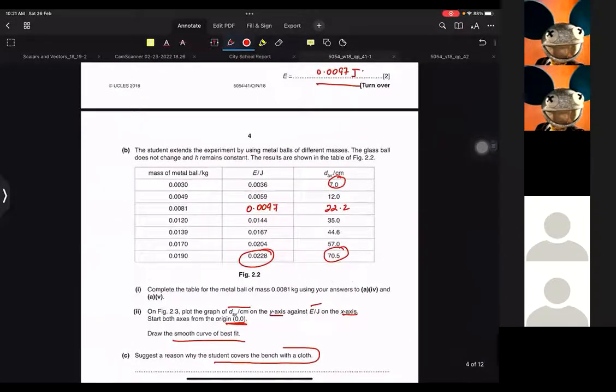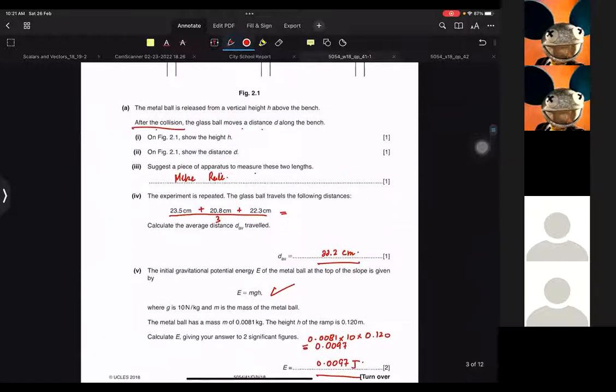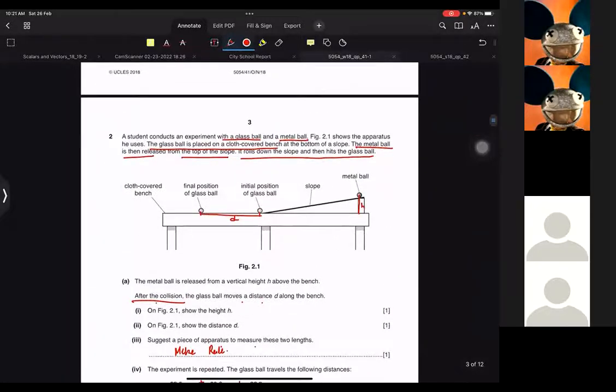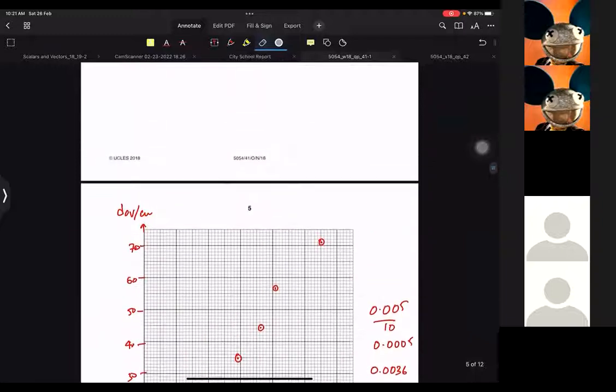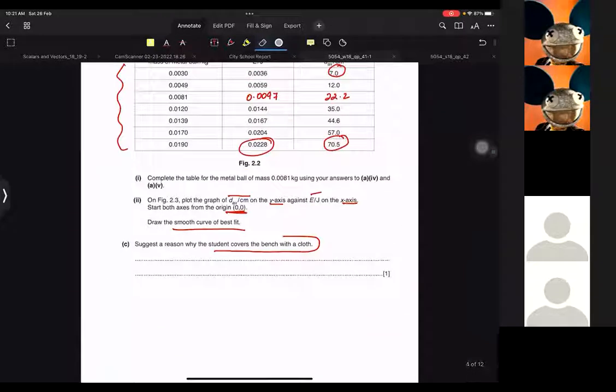So in this question, they had similarly given us the table, and we just needed to draw this. But the only difference is that they wanted us to draw a smooth curve of best fit, and they said to start both axes from this side.